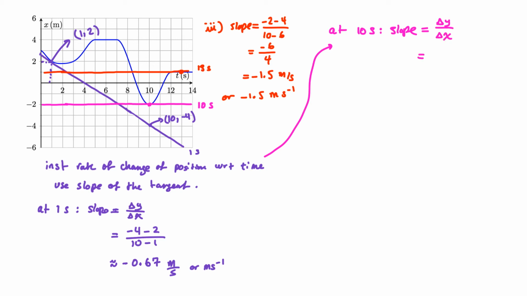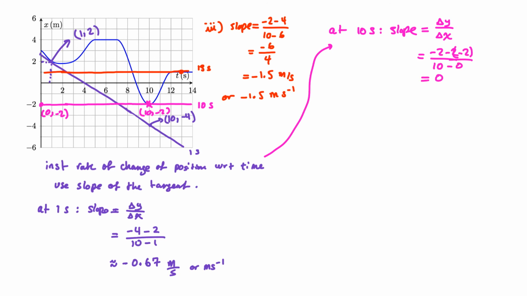The change in y, choose any 2 points. This one over here is 10, -2. This is 0, -2. So you can go ahead and say -2 minus -2 over 10 minus 0.